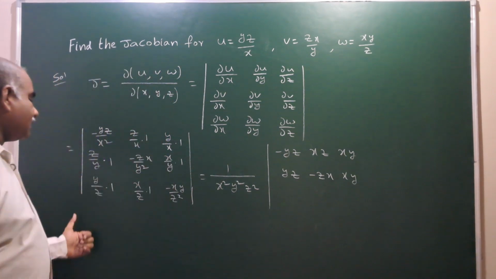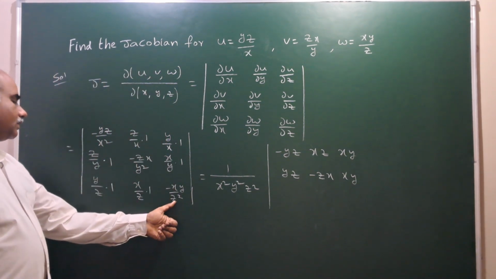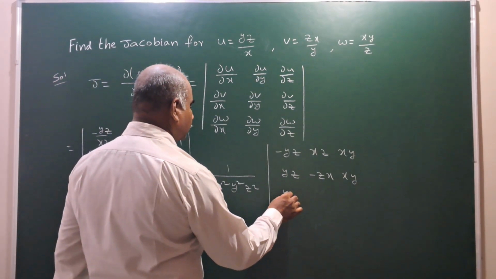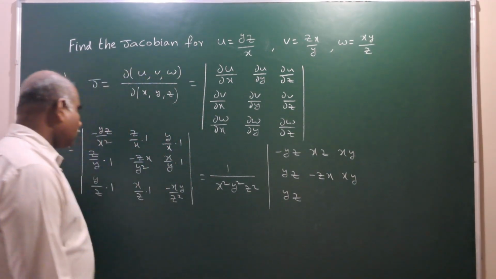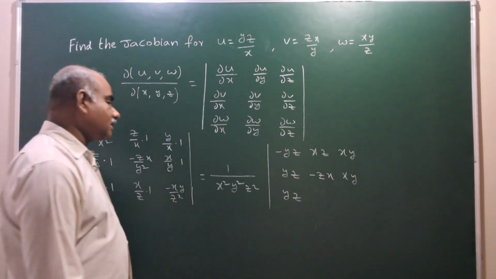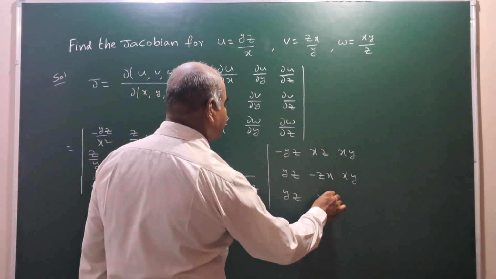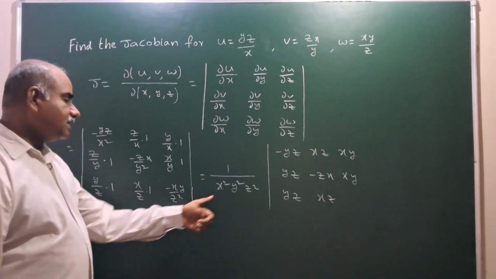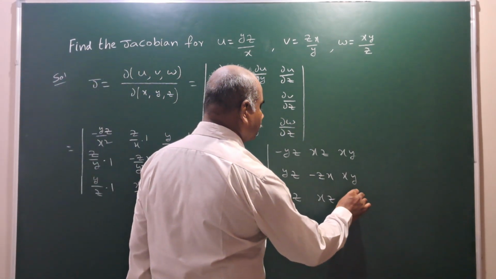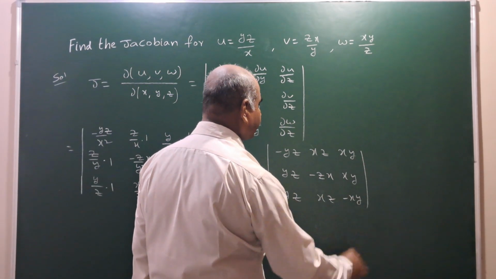In the third row, we take z square as common. But here only one z is there, so this can be written as yz. The second term also contains only one z, so this also can be written as xz. Here both z square coincide, therefore this is equal to minus xy. Okay.